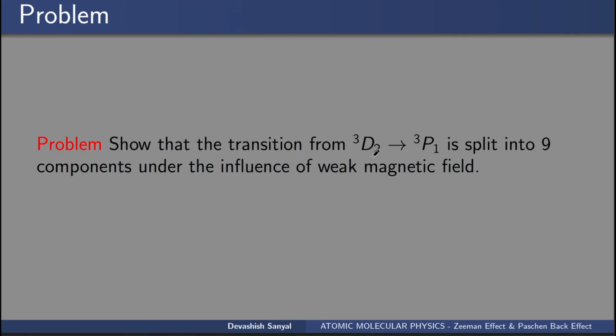Show that the transition from 3D2 to 3P1. So these are 2 energy levels, 2 states, and there will be a transition between these 2. When a magnetic field is switched on, you have to show that this is split into 9 components under the influence of a weak magnetic field. So you have to just do it.